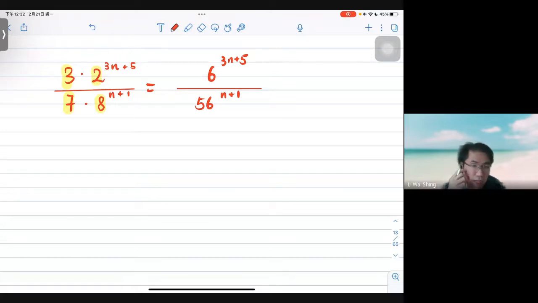Okay, you multiply the base. Then moving to new lines, give a finish sign there. All right. Everyone with me? Yes. Okay, good.